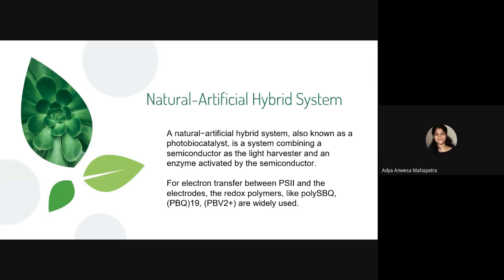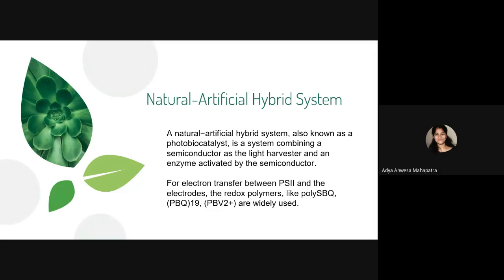Whereas the hydrogen evolution reaction, the reduction of H+ into hydrogen, is relatively simple. As we all know, PS2, which is naturally occurring in plants, is an excellent water oxidizing center. So, keeping that in mind, scientists have thought of a hybrid system where they integrate the naturally occurring PS2 with the artificial photocatalytic material.